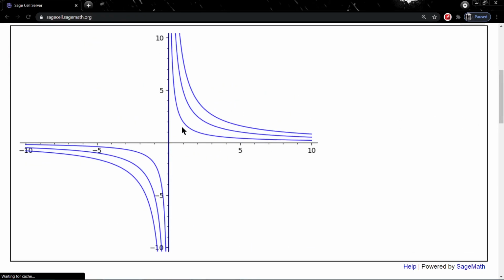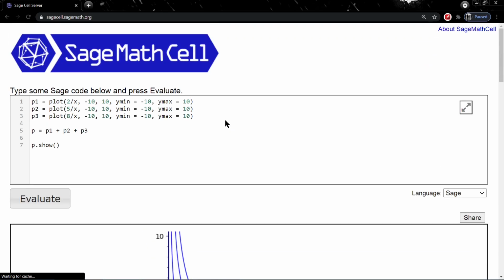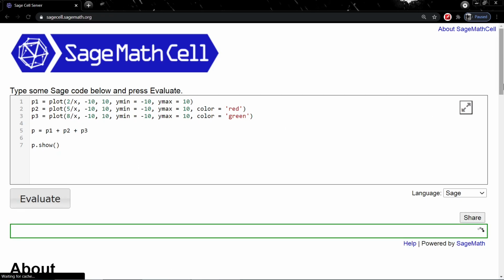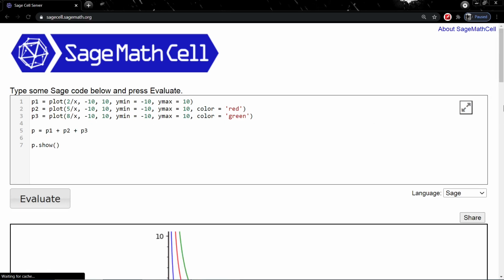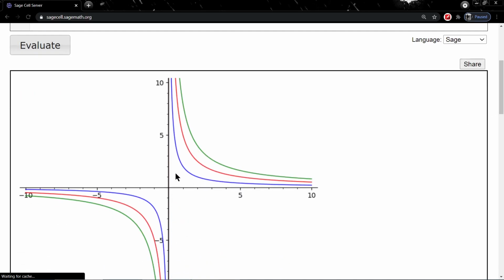We can see that the color of the graphs are by default blue. We can change the color by writing the command color equal to red for the second function and color equal to green for the third function, and now we can press evaluate to plot all three functions with different colors, and the blue one is for y equal to 2 by x, the red one for y equal to 5 by x, and the green one for y equal to 8 by x.